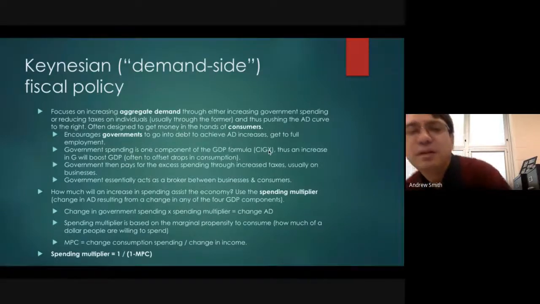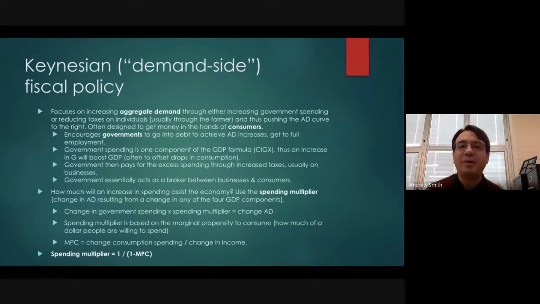So the basic idea behind the Keynesian model is that it focuses on increasing aggregate demand. Okay, what we're trying to do is get money in the hands of households, and we do so through boosting government spending. Usually, there's also sometimes some targeted middle or working class tax cuts as well. The idea then is to push the aggregate demand curve to the right.